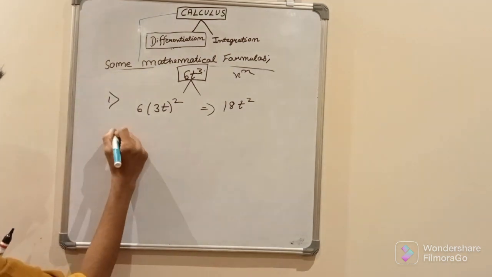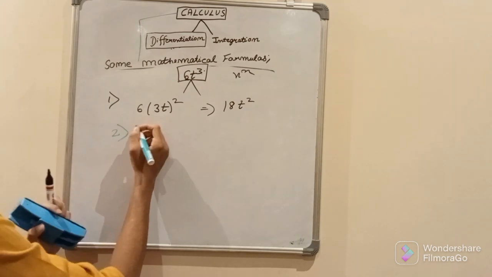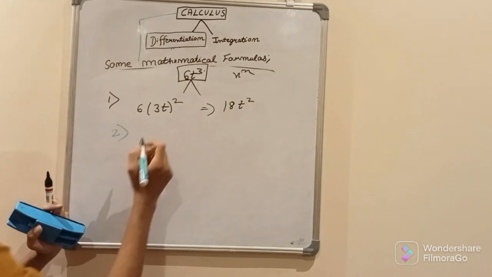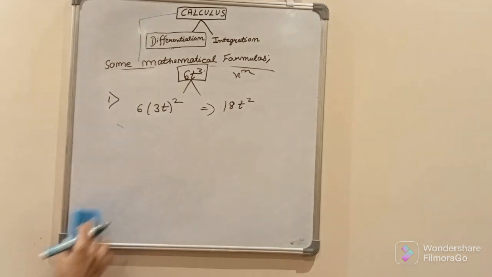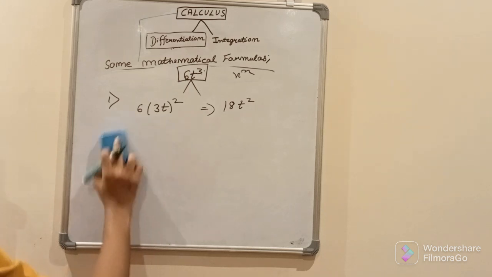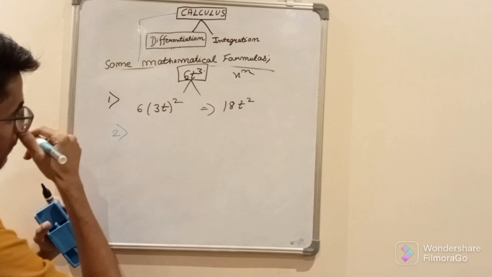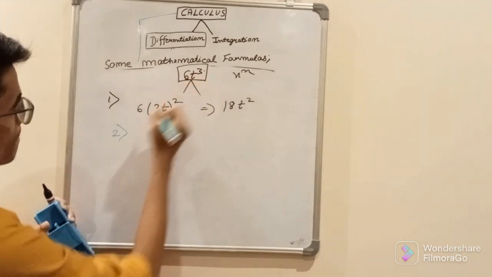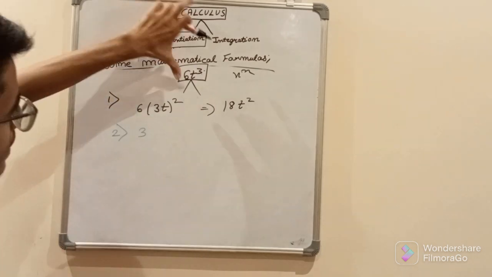And the next method we have is, let's ignore this 6.